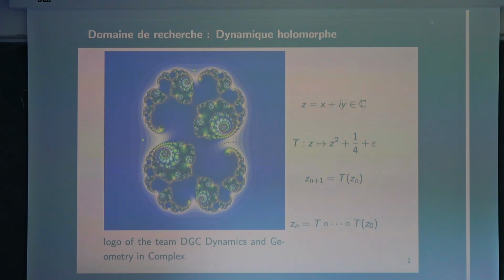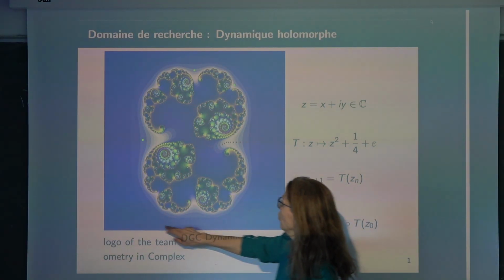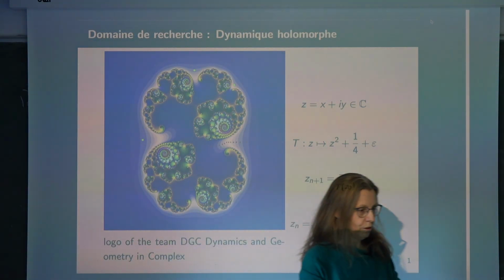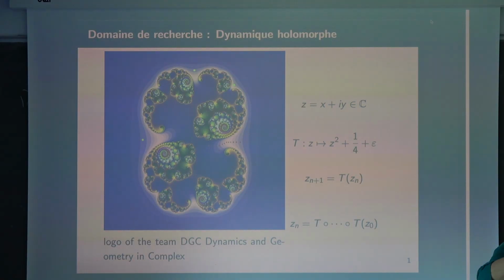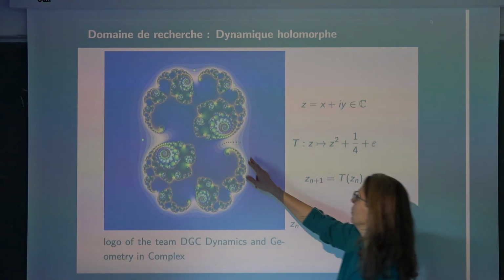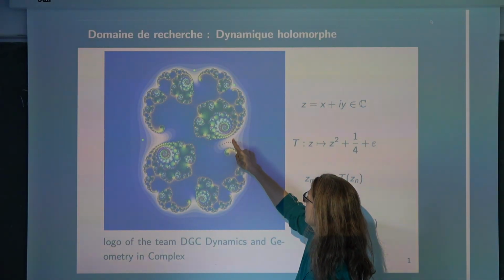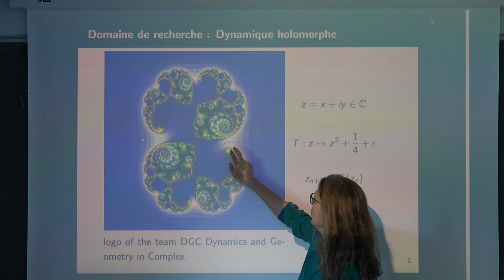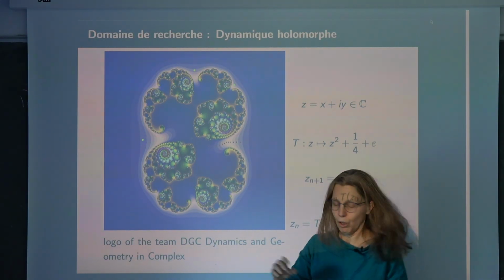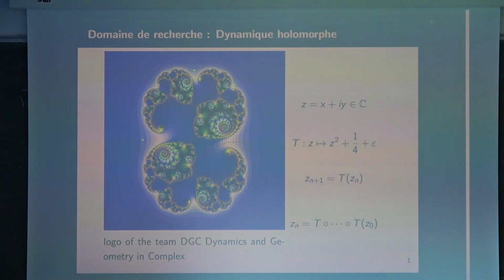The blue is the variation, and the color is the speed going to infinity. If you see a line like this, they go at the same speed to infinity, to some round disk at infinity. And all the points between two curves are mapped between two curves, so they have the same speed going to infinity.